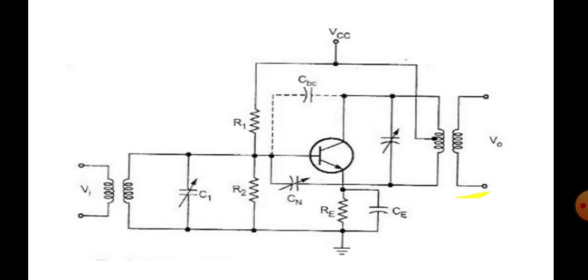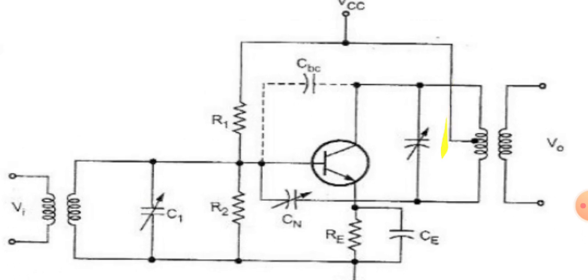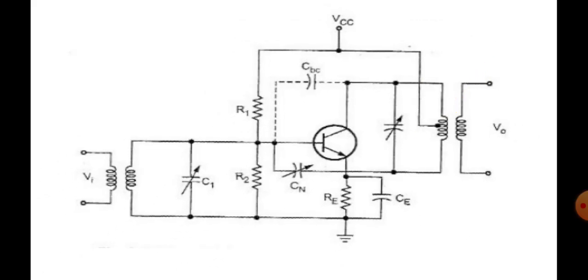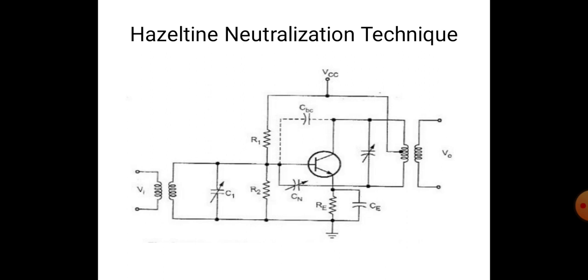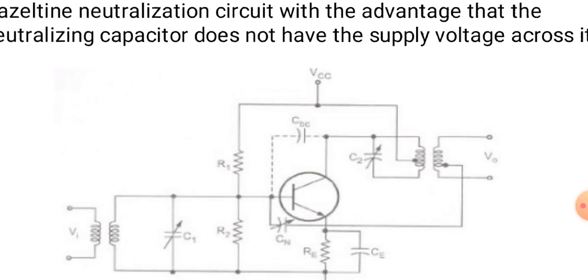Now let us compare it with the Hazeltine technique. Here the neutralization capacitance is connected to the primary winding, which is subjected to the power supply VCC. This is Hazeltine technique. Whereas here the neutralizing capacitance is connected to the secondary, so that the power supply voltage, that is VCC, will not have an effect on this Cn.